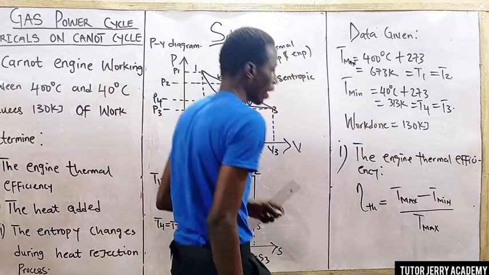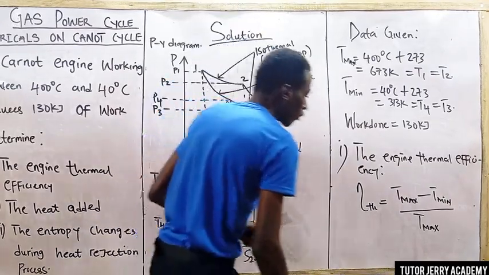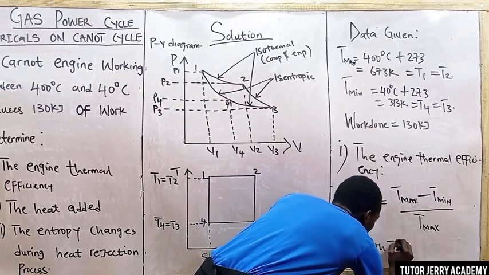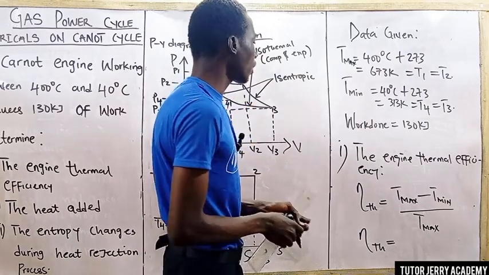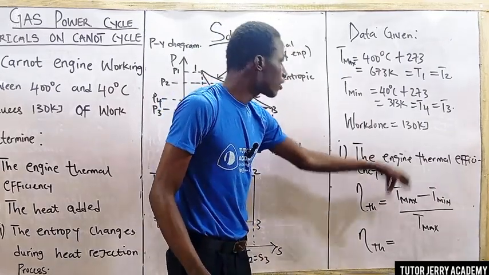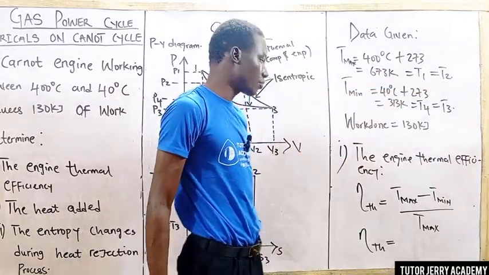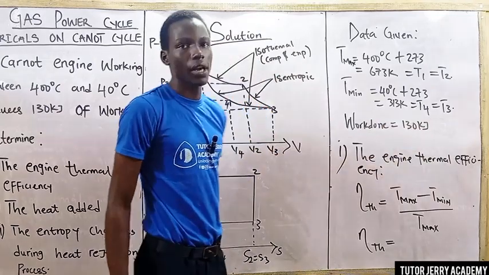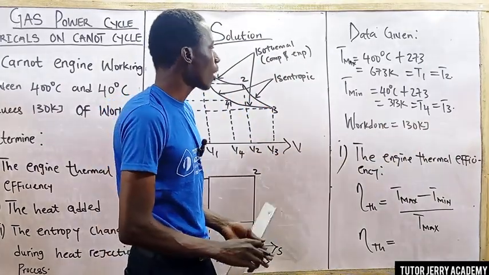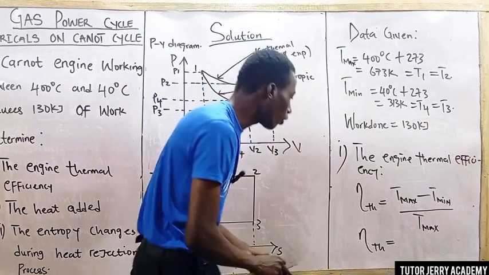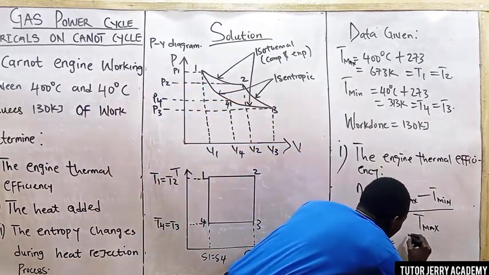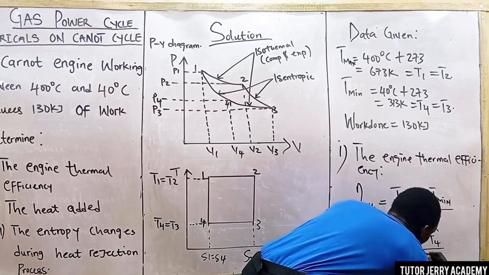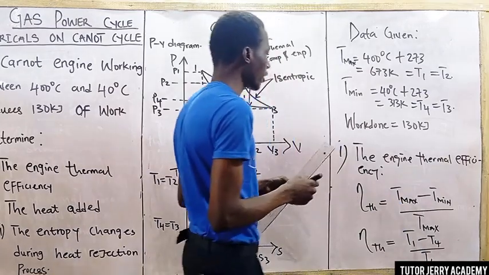Before I move further, we know that our maximum temperature is equal to T1 and equal to T2, and our minimum temperature is equal to T4 and equal to T3. So I'm going to be using T1 and T4. This formula can be written as T1 minus T4 all over T1.